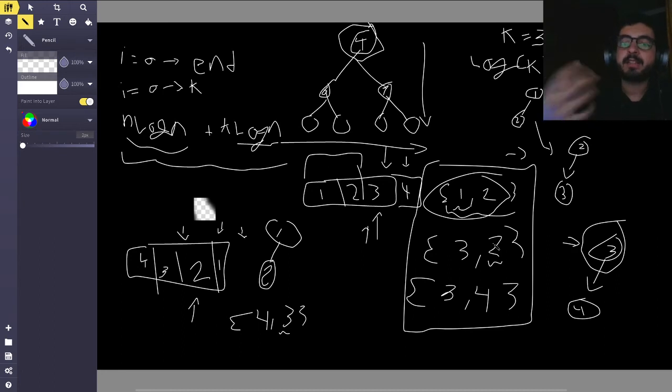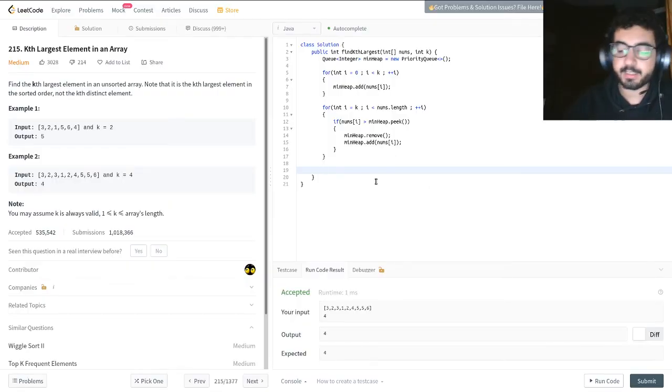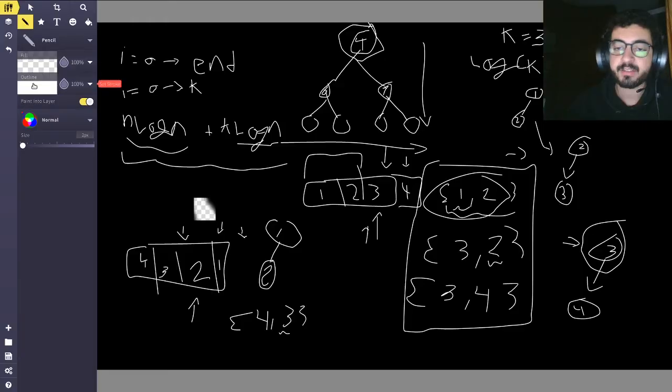So let's remove the number in our assumption that has the most probability of being incorrect, and swap it with the number that we are on now. And return in the end minHeap.remove, since it just wants the kth largest element, not the k largest elements. So it just needs this, not 3 and 4, for instance. By the end we would have 3 and 4 because it's a minimum heap.